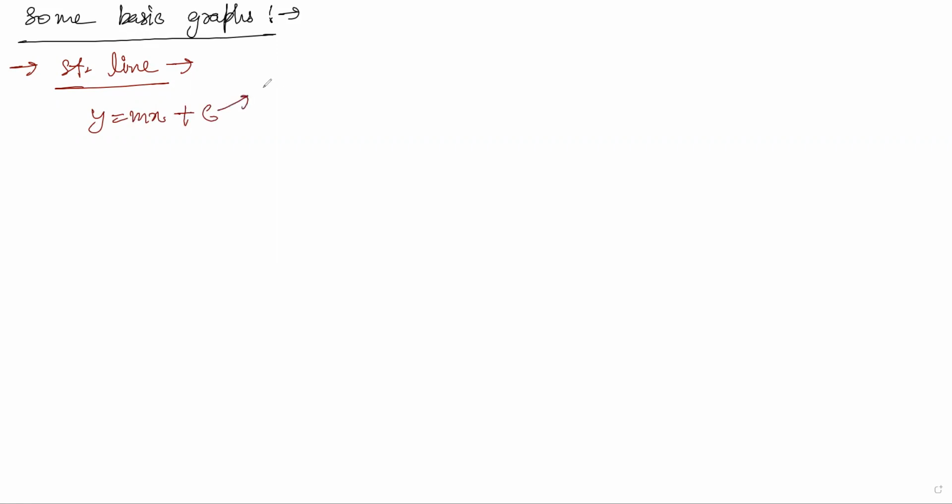This c is known as the intercept on the y-axis, and this m is known as the slope. You can also draw the graph of a straight line using the boxes concept, which you have already covered in 10th class and 9th class.